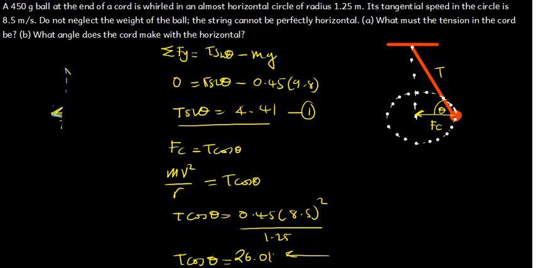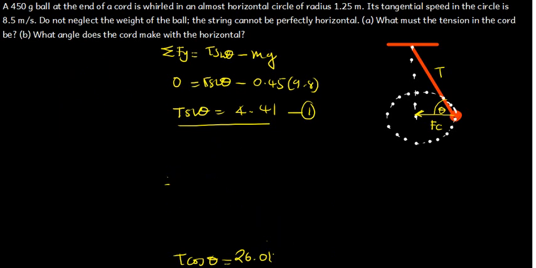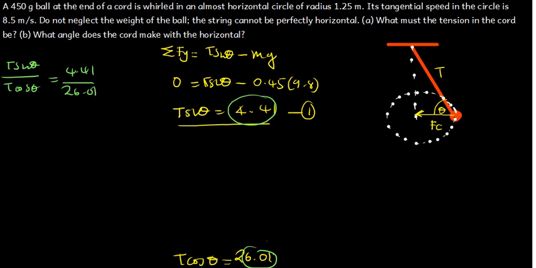Alright, now we know T sin theta and we know T cos theta. When we divide sin by cos, we get tan. So we are going to divide the first one by the second one. T sin theta divided by T cos theta is equal to 4.41 divided by 26.01.